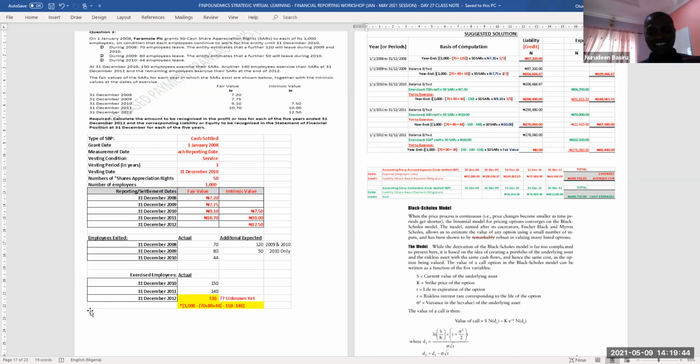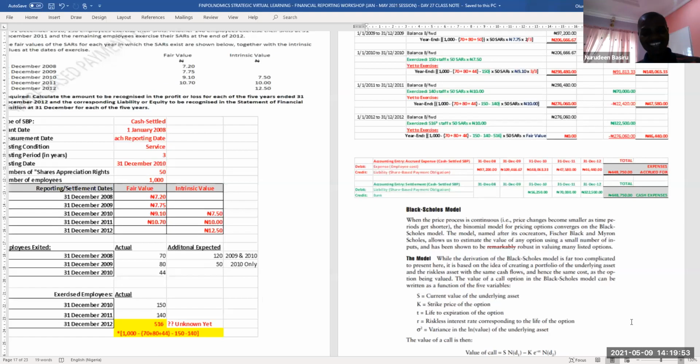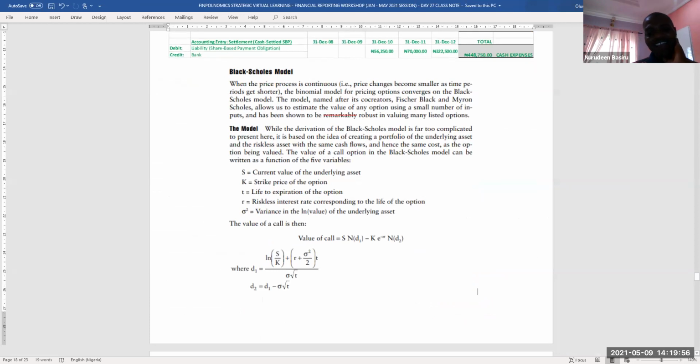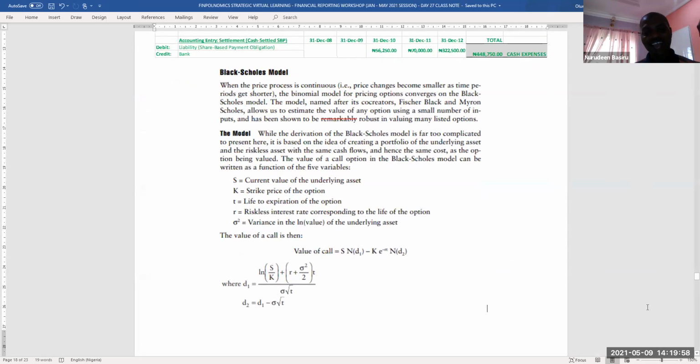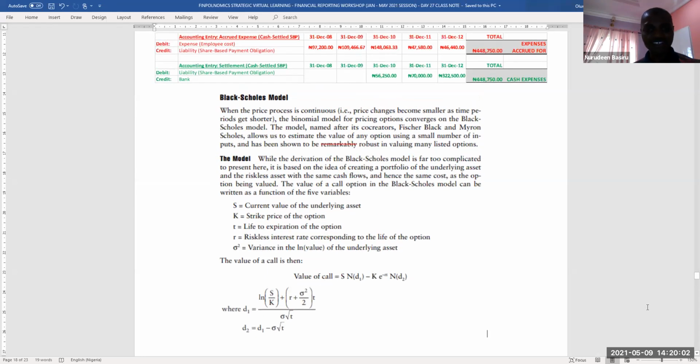You gave us the step-by-step approach and I adopted it, but there was a technical area where I believed I had the question correctly, yet I was having challenges determining what the intrinsic value would be, having assumed that the question relates to cash settled.